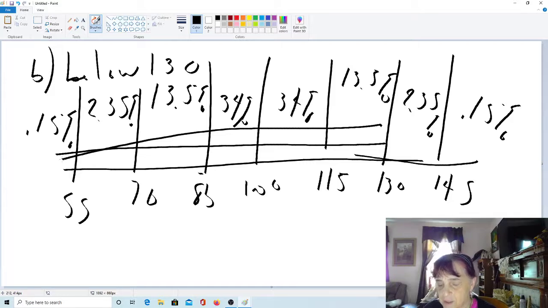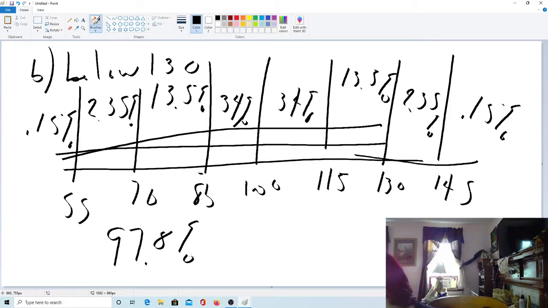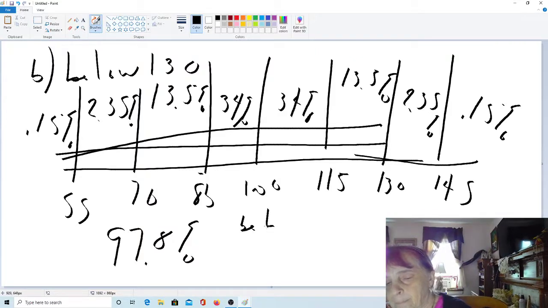The numbers below 130 will be all these percentages added up, which is what? 13.5 plus 34 plus 34 plus 13.5 plus 2.35 plus 0.15. Okay, 97.5%. And now what about between 70 and 115?